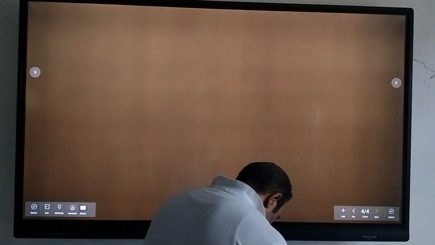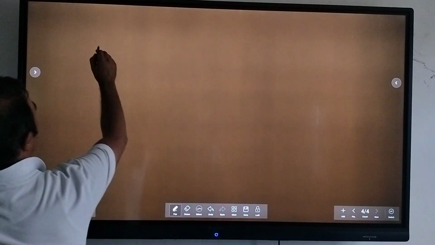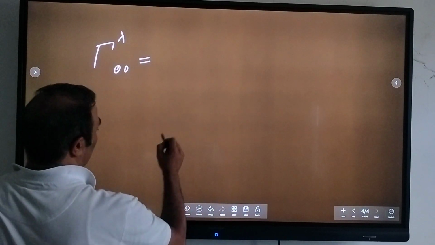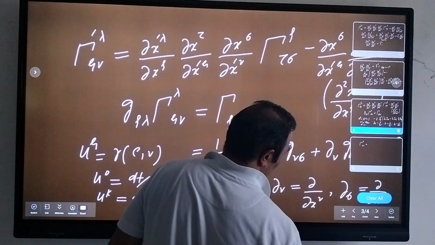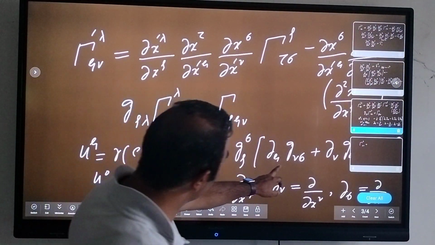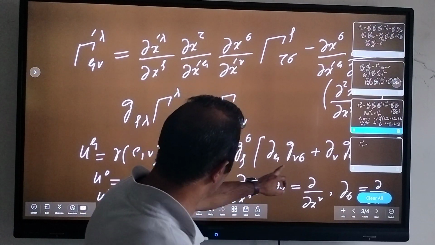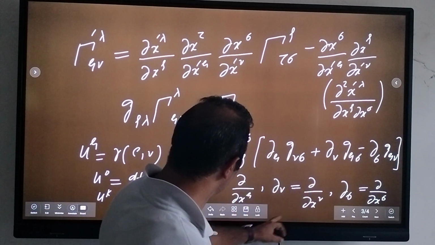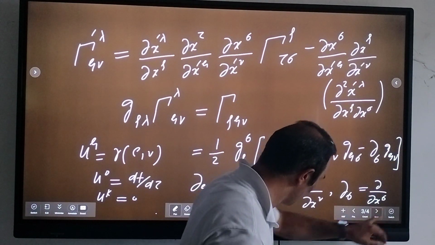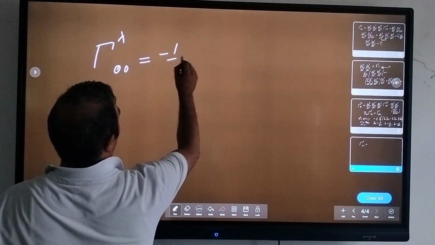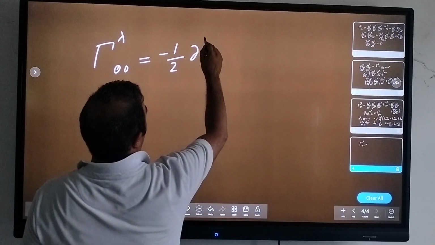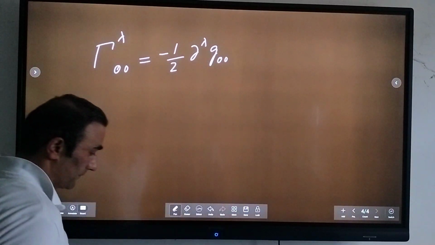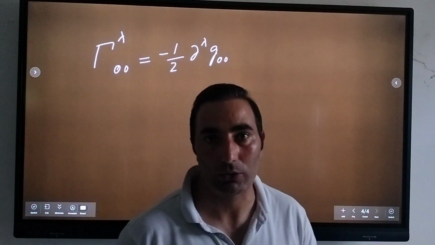So I can rewrite this term. That means I can write T lambda 0 0. If you put mu equal to 0, nu equal to 0, and sigma will contract, so we get only one term. That is basically equal to minus 1 by 2 partial of lambda g00. So when you put mu equal to 0, nu equal to 0, only that term will survive.